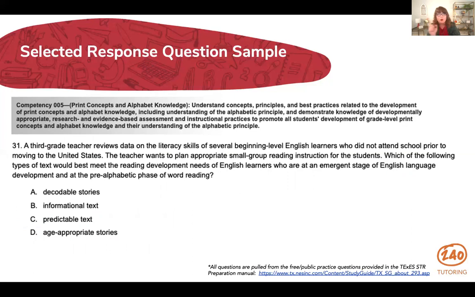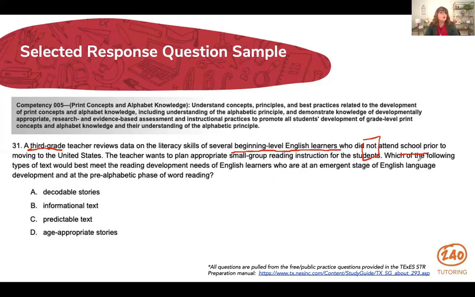Okay, there was a whole bunch of key information in this sentence. I'm going to note that. We've got third grade, and we've got beginning level English learners. So they're that emergent level who did not attend school prior to moving to the United States.